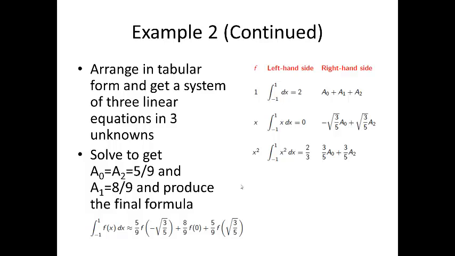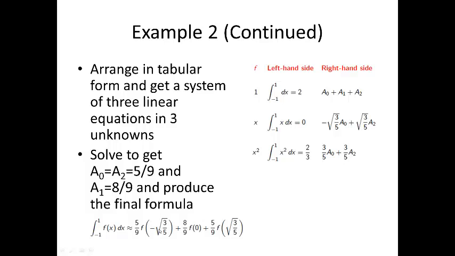That allows us to produce a formula to approximate the integral on the interval -1 to 1 of f of x. Again, you can see that we have the weights and the nodes.